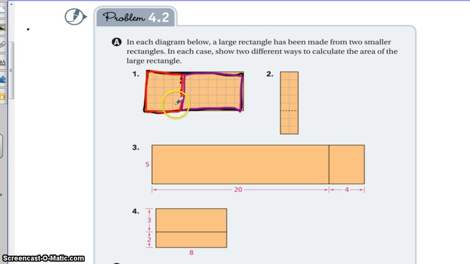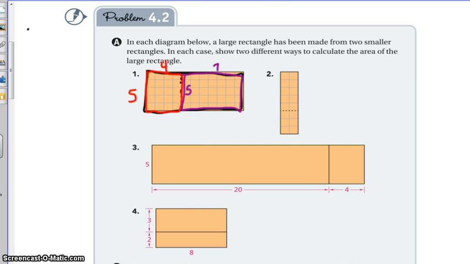Okay, so identifying the lengths of each side, this side right here is 5 and this is 4. And then all I did was count up the squares. So again, 5 and then 1, 2, 3, 4, 5, 6, 7, 7 there.